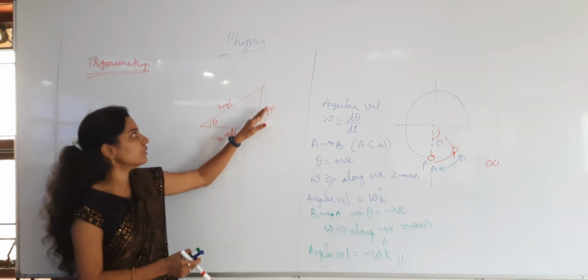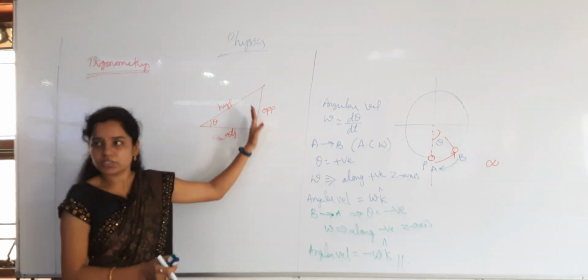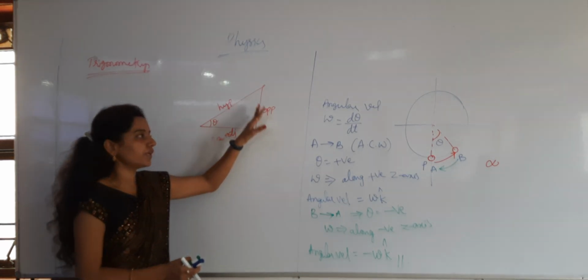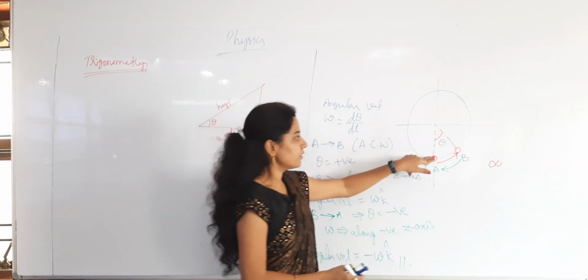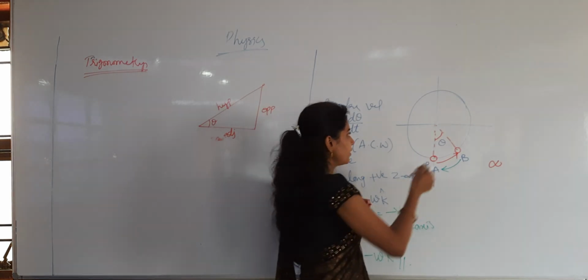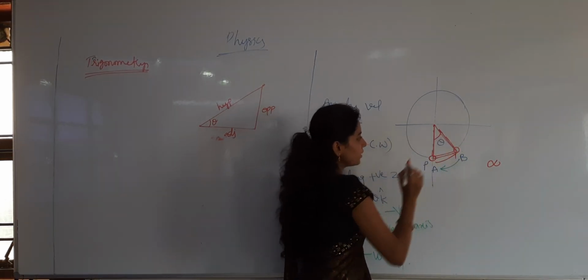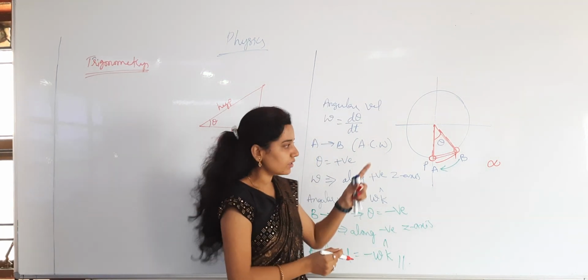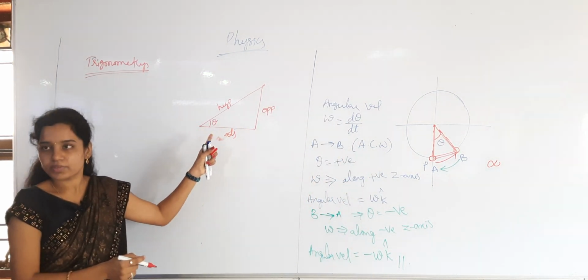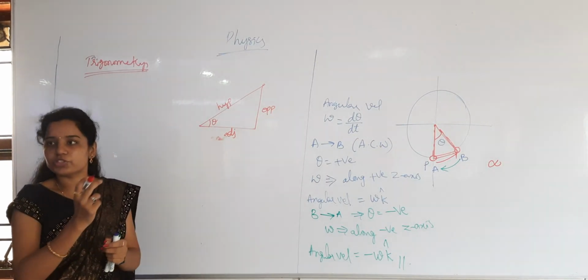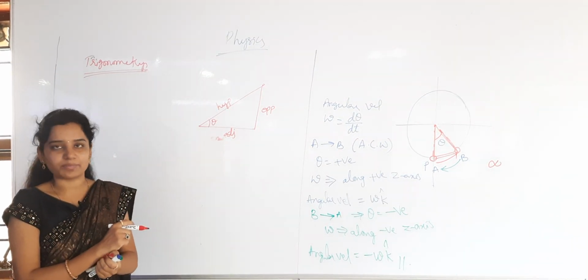Whenever the body is making circular motion, at any instant we can take the arc length as a triangle. I can indicate this as a triangle like this. Is it looking like a right angle triangle, right? So, the same thing is happening here also. Whenever the body is moving in this direction, I am just taking the positions of the body at some instant of time.